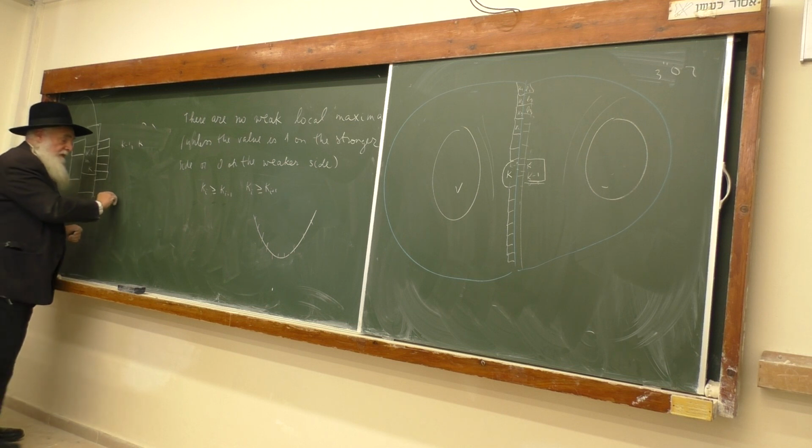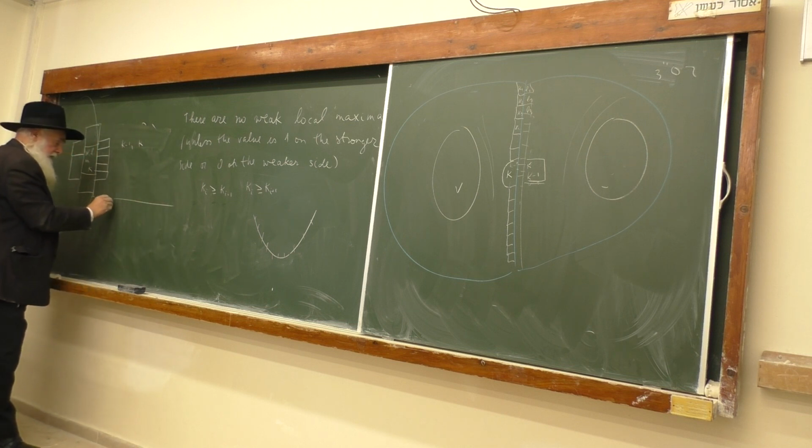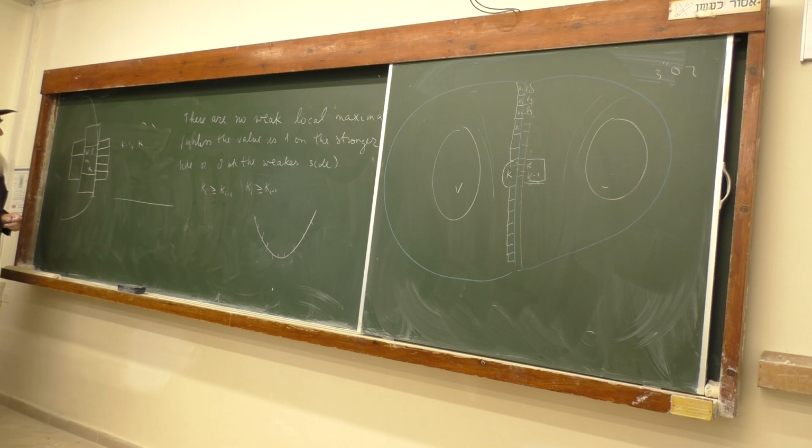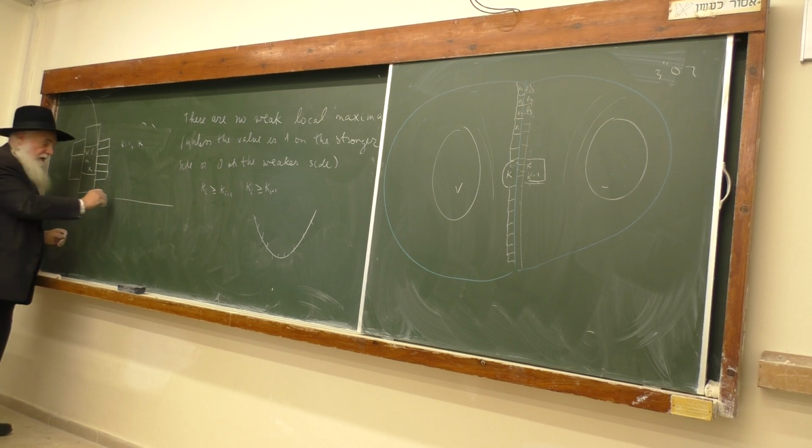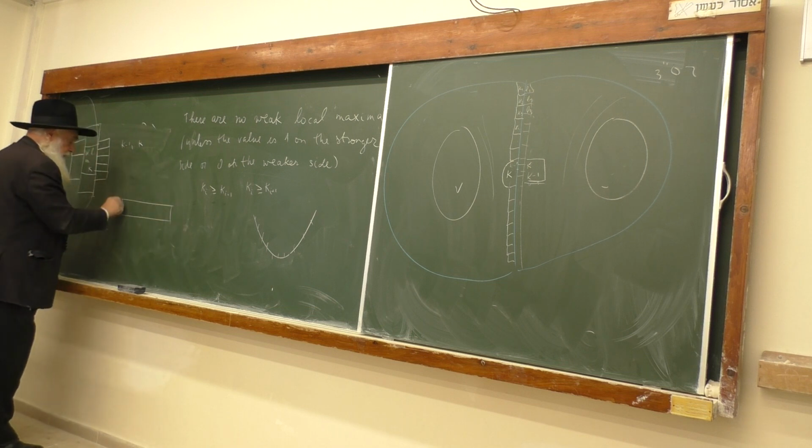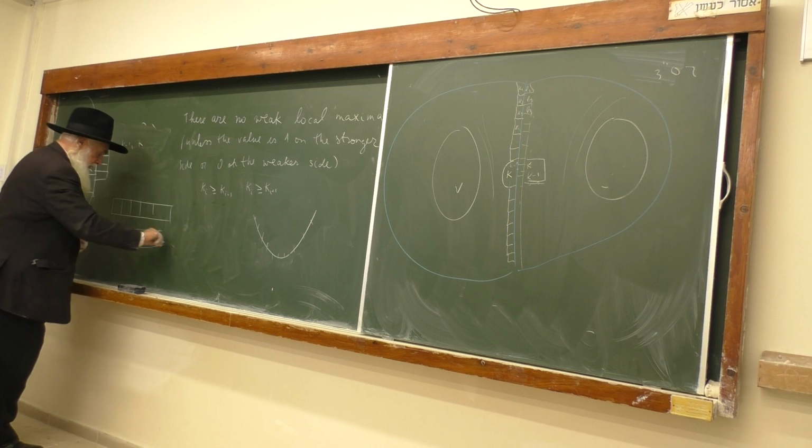So we have 5 numbers. I'm claiming that it will also have a weak local maximum for one of them. It could not be otherwise. Why? Let's look at the values. 1, 2, 3, 4, 5. What are the possibilities?